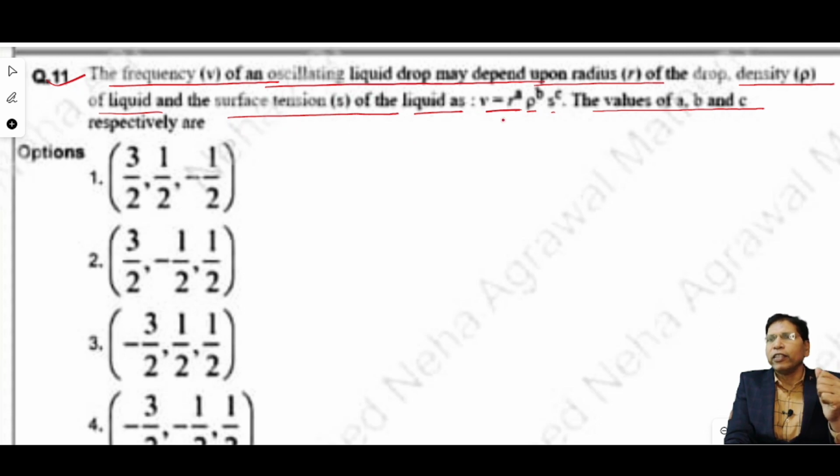Now look at this. Here the dimension of nu is M^0 L^0 T^-1.